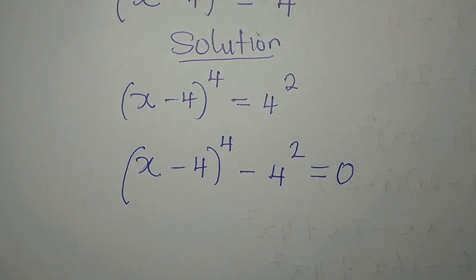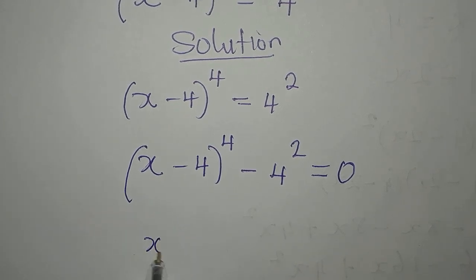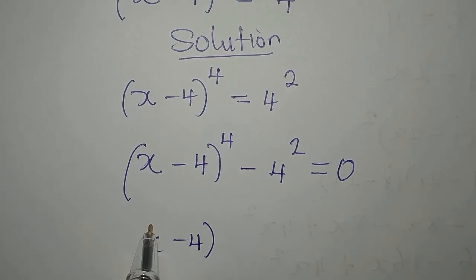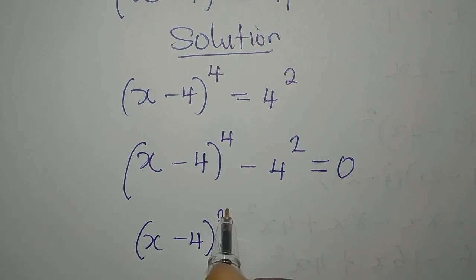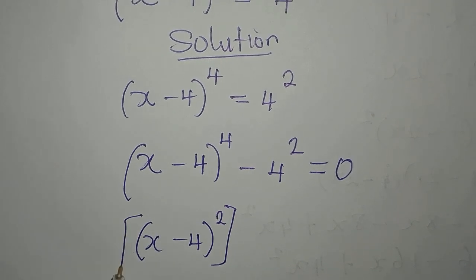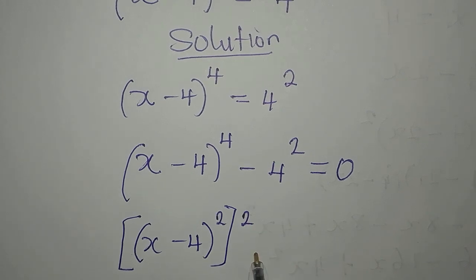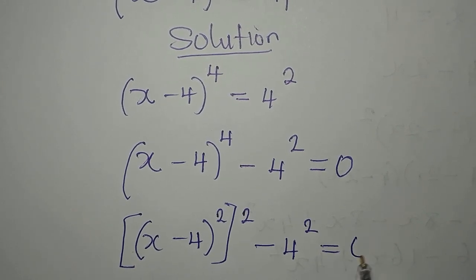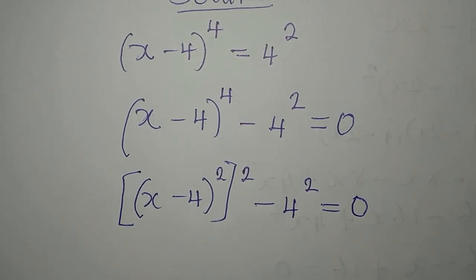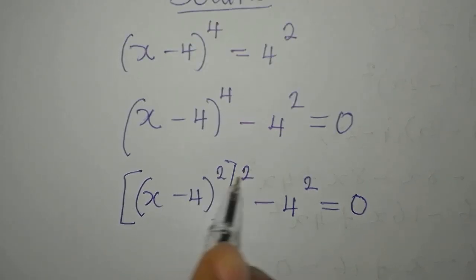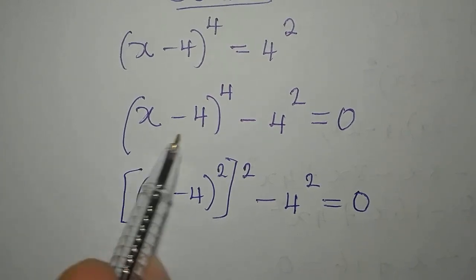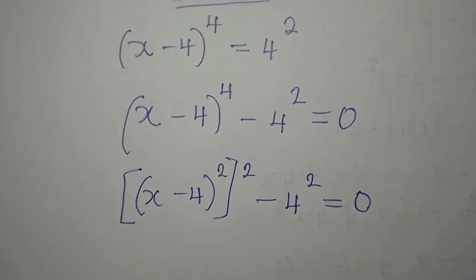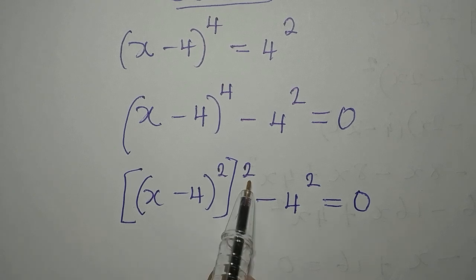And then this right here, ((x − 4)^2)^2 − 4^2 equals 0. Now if I open this bracket, I'll have this back, (x − 4)^2.